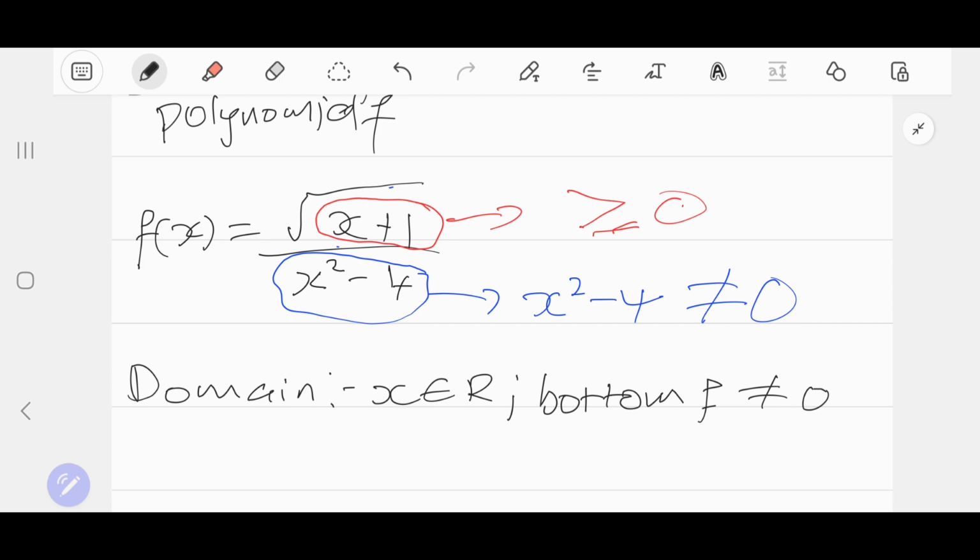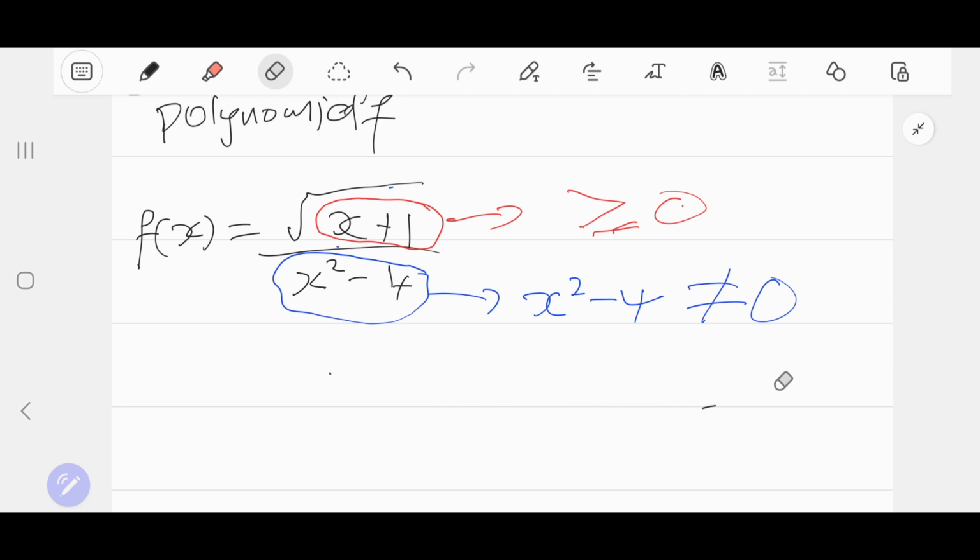I'm not really finding the domain directly here. This is not the domain that I'm finding, but the information that is going to help you to write the domain. Meaning it's going to be like this.